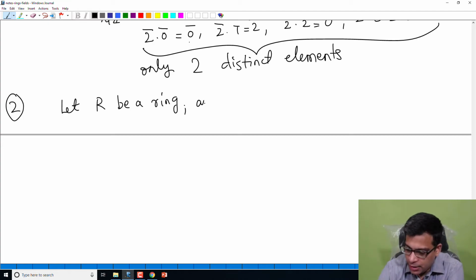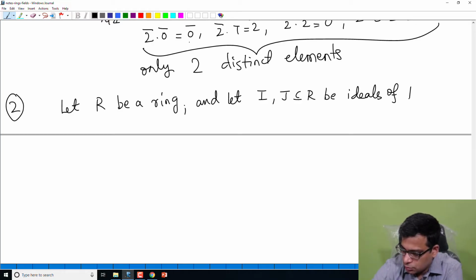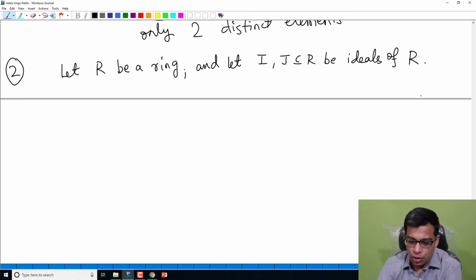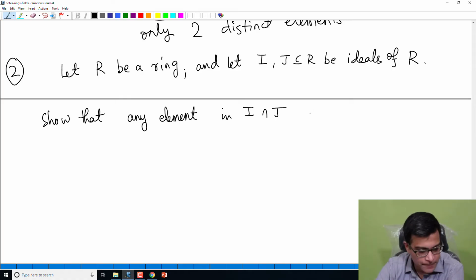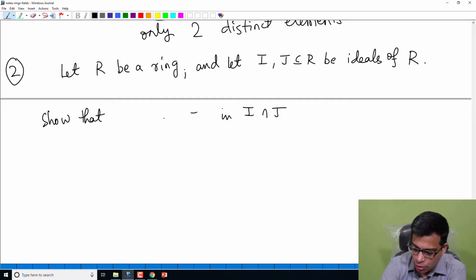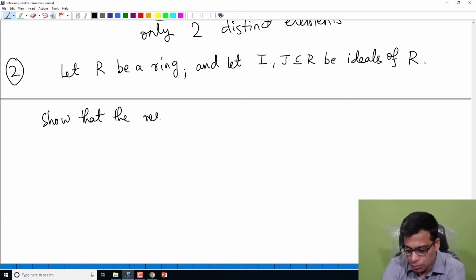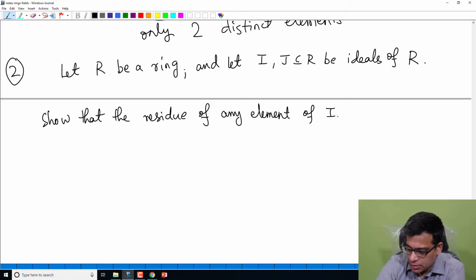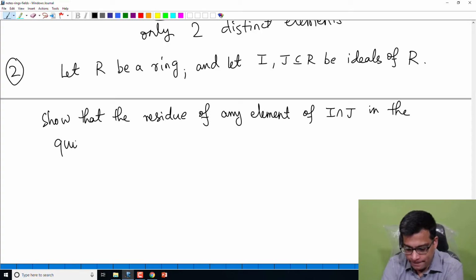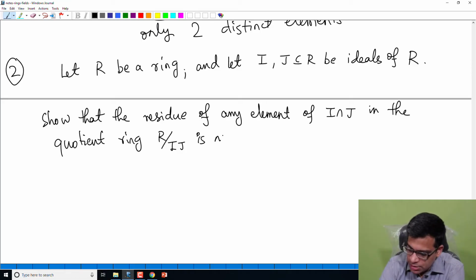R is a ring, and let I and J be ideals of R. So I want to show that the residue of any element of I intersection J in the quotient ring R mod IJ is nilpotent.